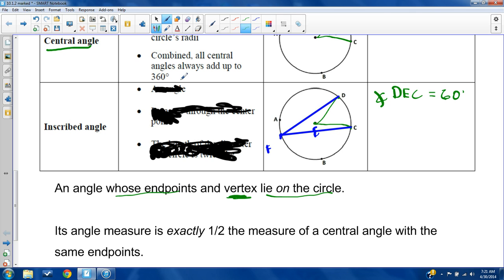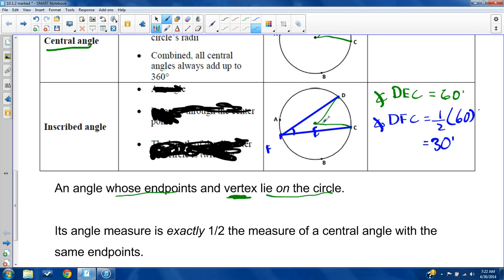Well, this angle over here, DFC, will be exactly 1/2 the measure of the central angle that has the same endpoints. You can see these both lie in the same endpoints, and you draw an inscribed angle, you put the vertex somewhere on the circle, it becomes exactly half that measure. So that is 30 degrees.